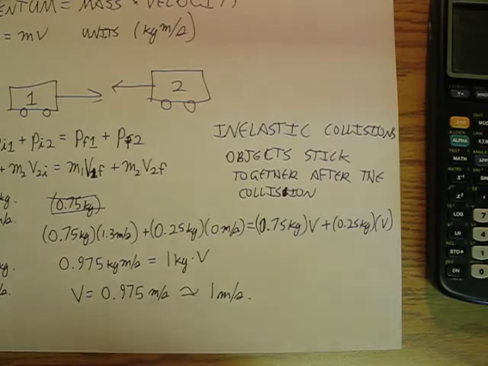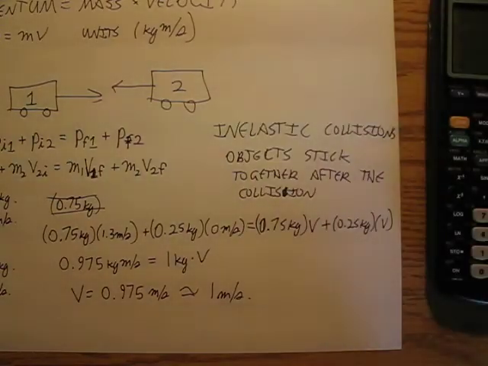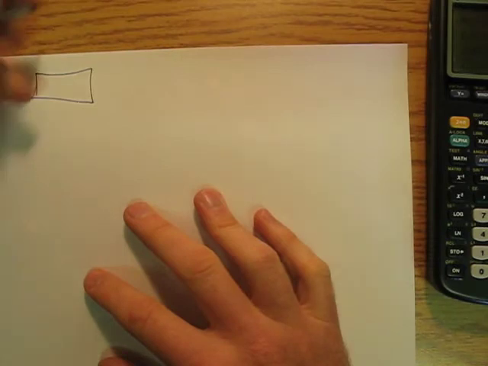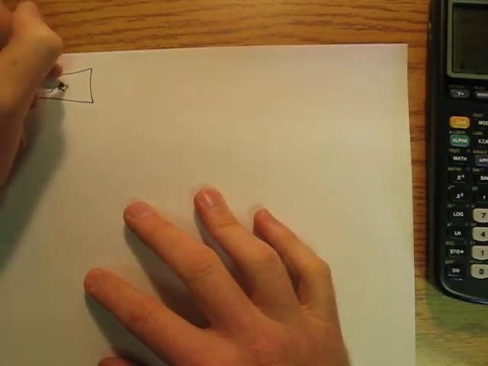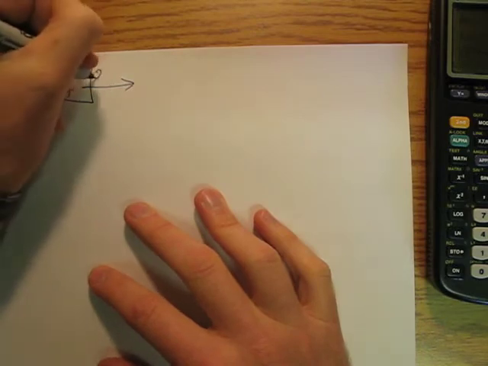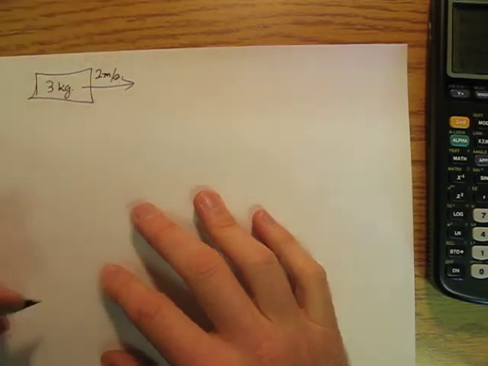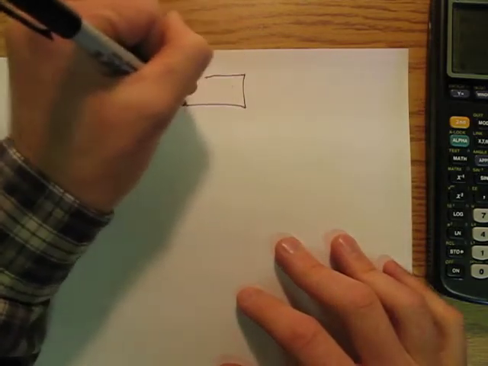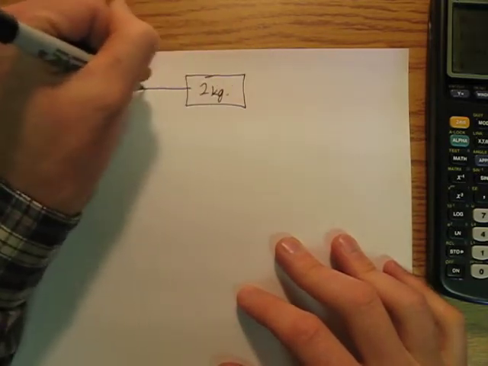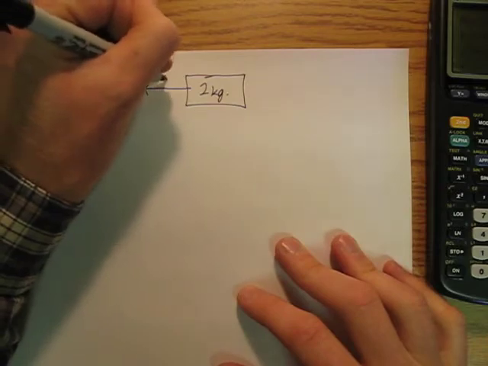Okay, so then let's see if we can do another one of these in the next couple of minutes. Let's say we have an object that's 3 kilograms going this way at 2 meters per second. And we have another object. We'll call it 2 kilograms moving this way at 4 meters per second.